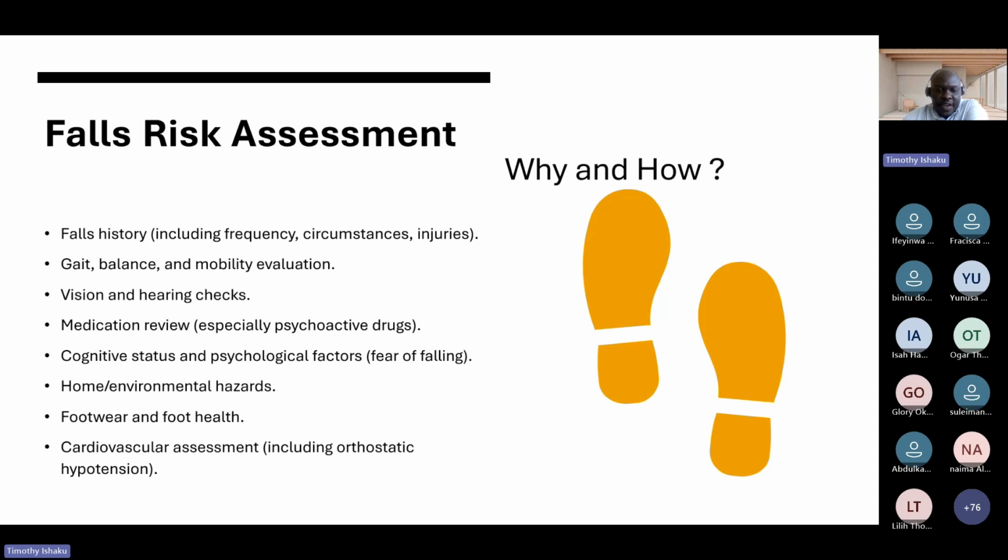And environmental hazards, we have great examples here. The lighting. So all those things that you guys have talked about, the lighting, because it affects vision, the floor surfaces, the stairs, the clutter, the bathroom safety, the accessibility, all of them are home/environmental assessment.